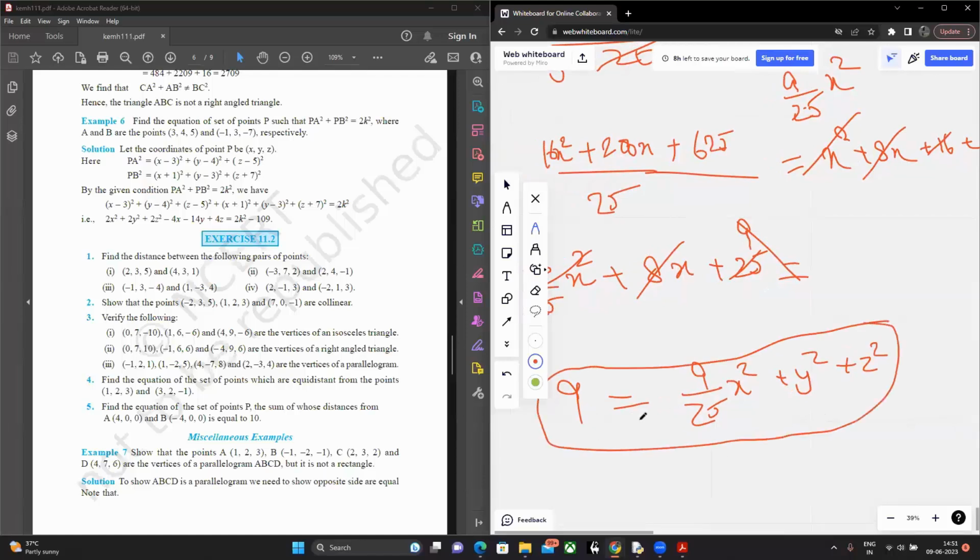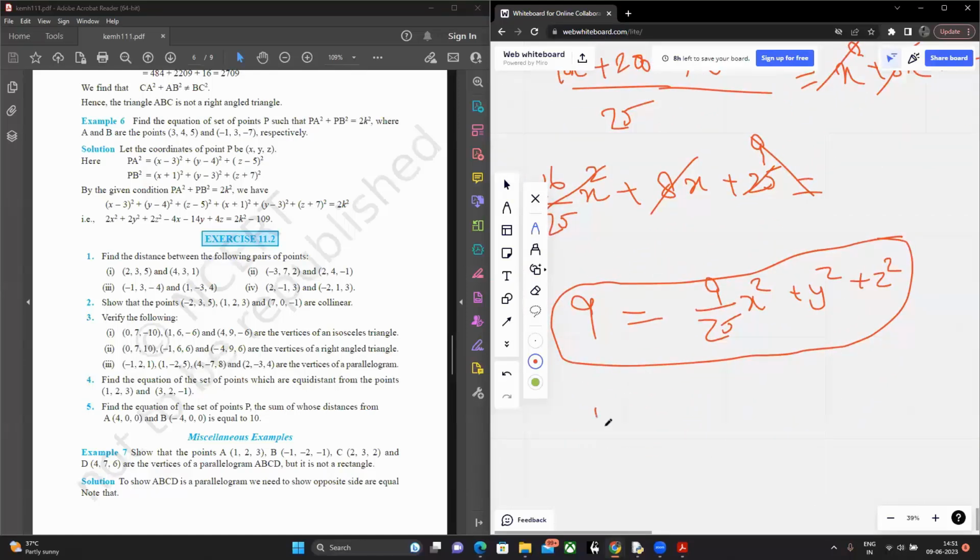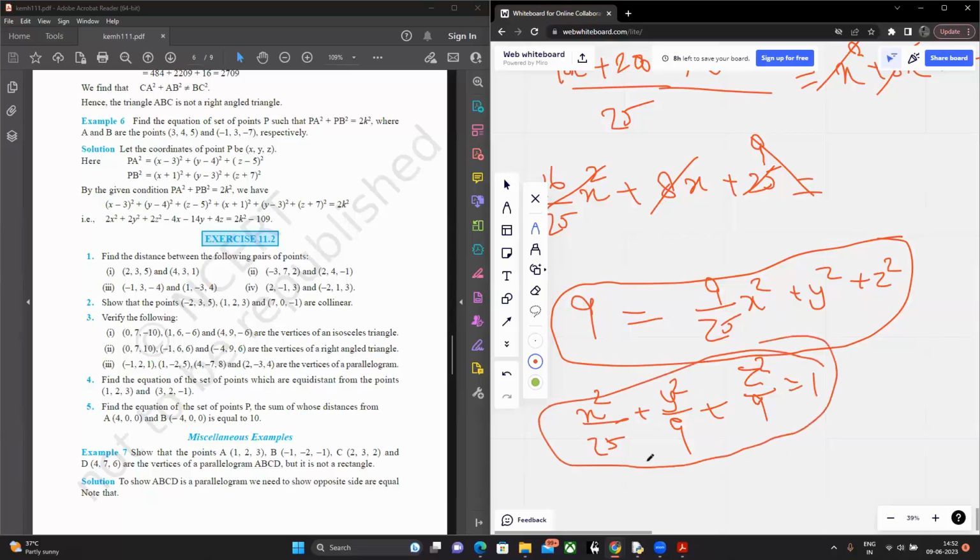right? Instead of 9 is equal to, I'll rewrite this as x squared by 25 plus y squared by 9 plus z squared by 9 is going to be equal to 1, right? You may search Wikipedia for any equations of this form.